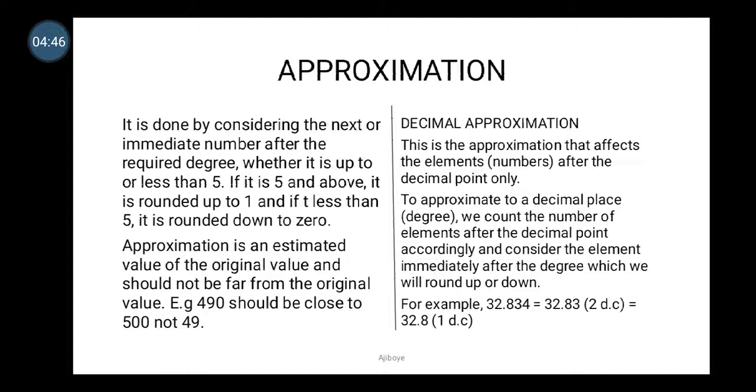So to approximate to a decimal place, all right, we count the number of elements after the decimal point accordingly and consider the elements immediately after the degree, which we round up or down. What that simply means is that if you are asked to approximate to a particular decimal place or places, you would count the number of decimal places you want to stop and consider only the number immediately after where you are to stop.